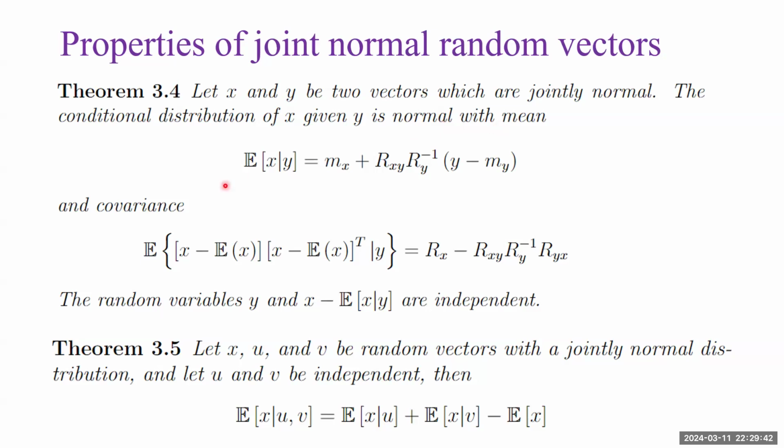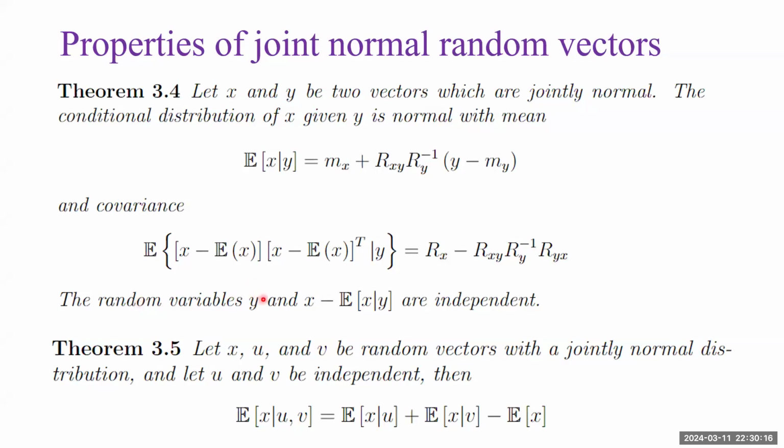The mean, the expectation of x conditioned on y, is mx plus Rxy Ry inverse times (y minus my). This is conditioned on y, so y is given; this is a realization. Then the covariance of x conditioned on y is Rx minus Rxy Ry inverse Ryx.